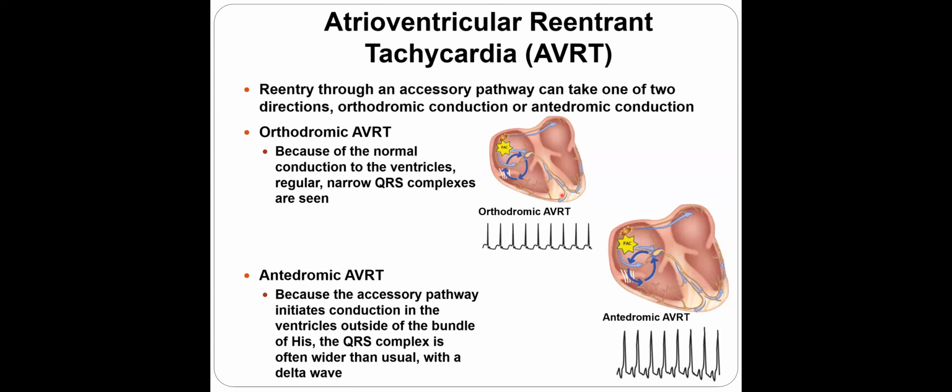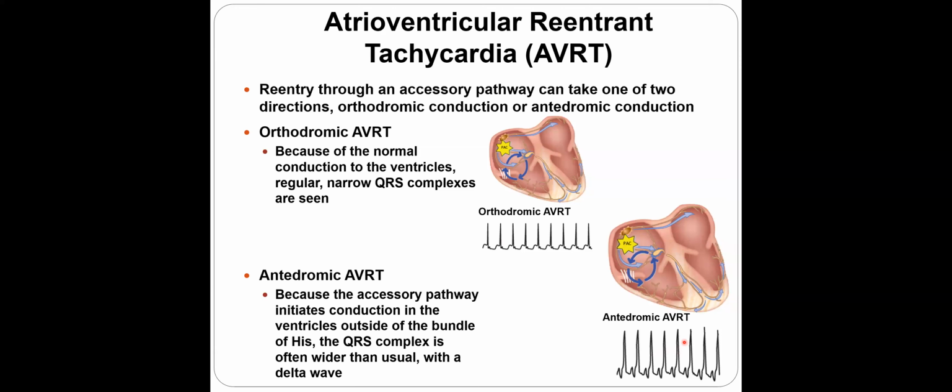Of course, because the muscle is activated through the normal conducting system, the QRS complex is narrow. However, the other way, when everything is activated through the bundle of Kent and the AV node picks up the charge, that is antidromic, and that gives a wide QRS.